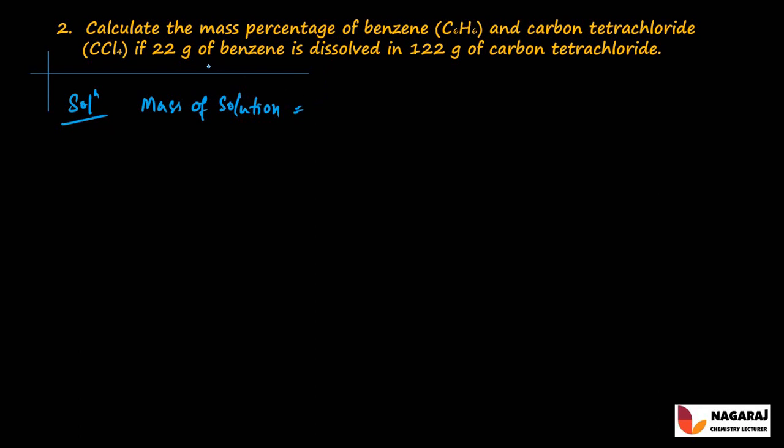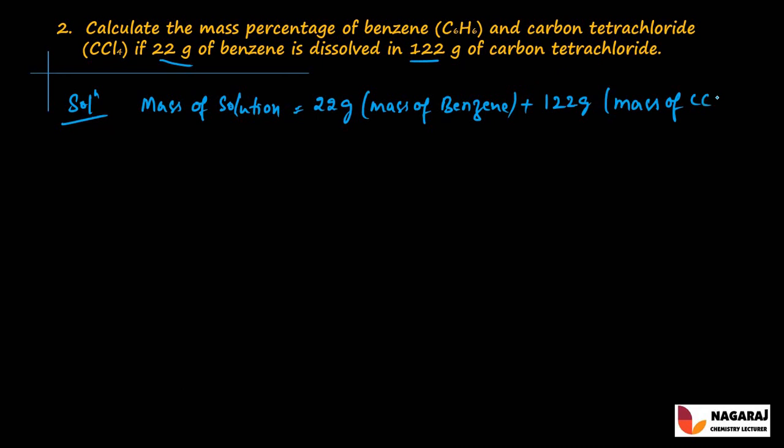The mass of solute, benzene, is 22 grams, plus the mass of CCl4, which is 122 grams. So 22 plus 122 is equal to 144 grams.